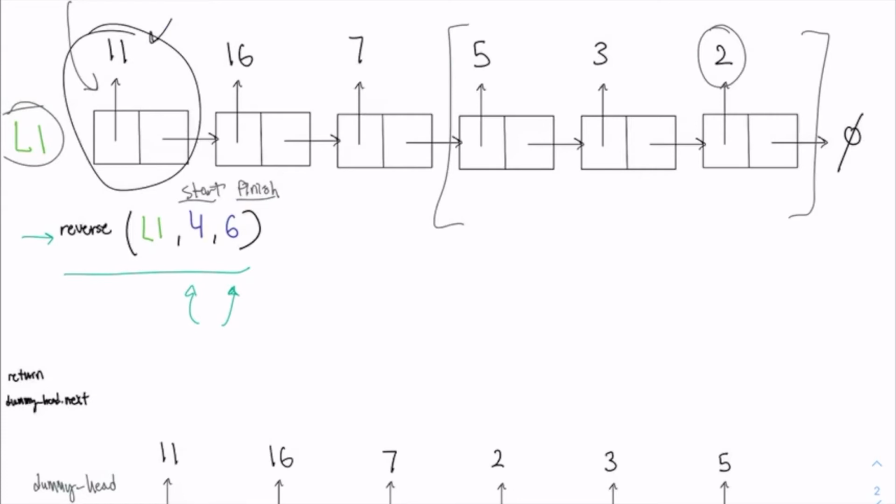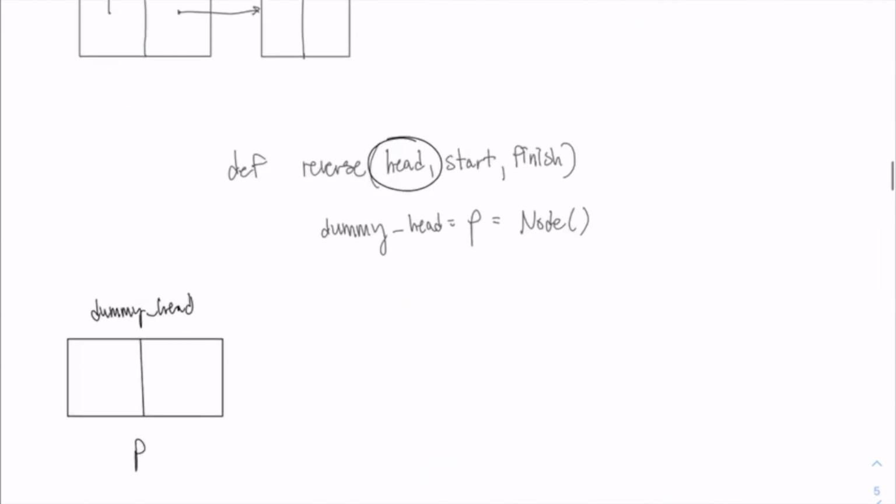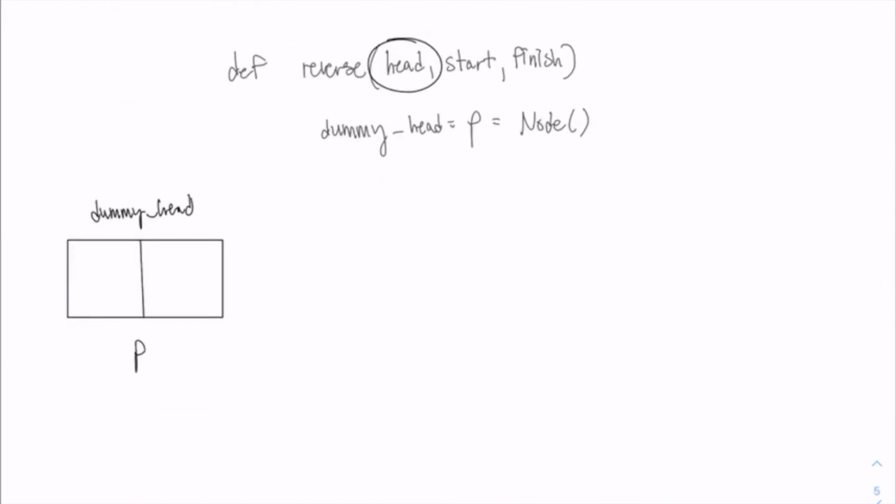So in order to create this, we will write some code that says dummy head dot next.